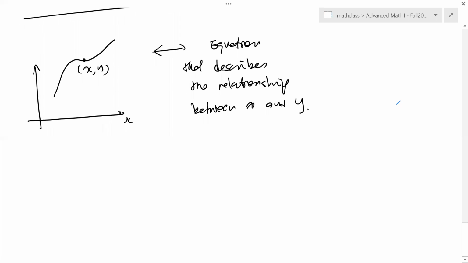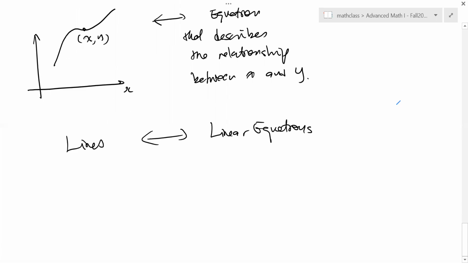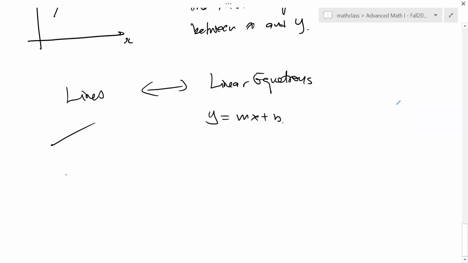Okay, and we know this important fact: lines correspond to linear equations. I'm going to show you why. And circles correspond to quadratic equations, right? So usually for lines, the equation would be like y equals mx plus b, okay?